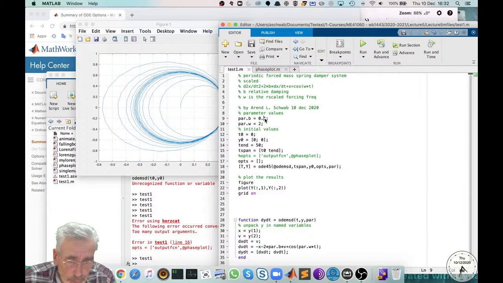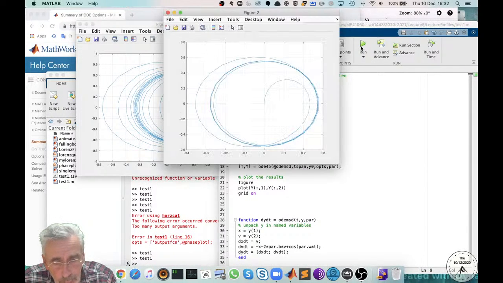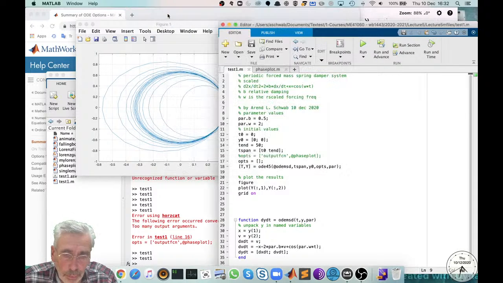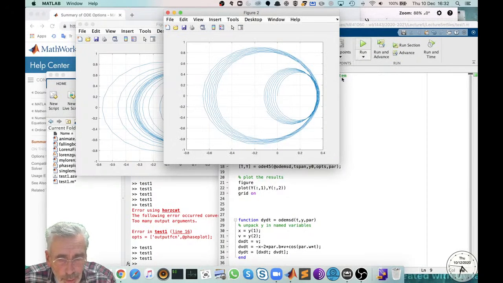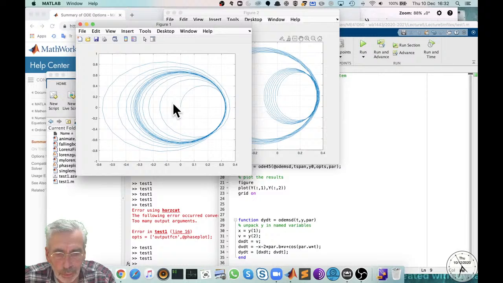If we increase this to 5, it will quickly settle on this one. And if we have almost no damping, so 0.1, then it will take a long time, and it will jump between these two, and then finally settle back into this.